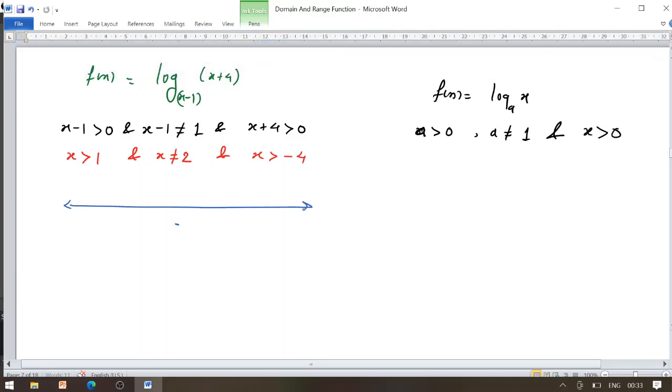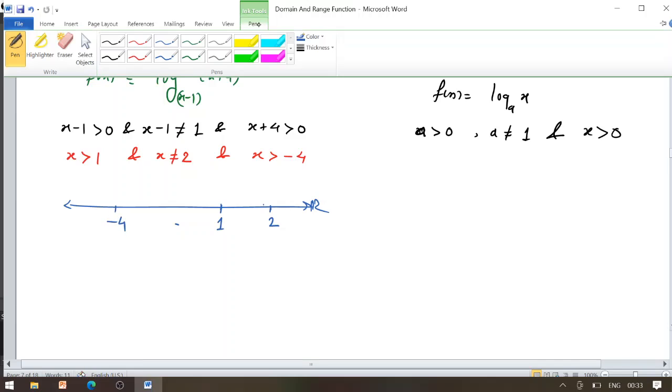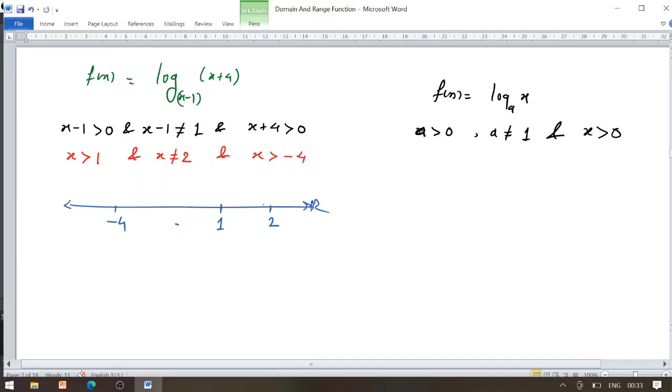Now for considering their intersection, due to the word 'and', consider a real number line R. Somewhere we have 1 on it, to the right of it we have 2, and to the left of it we have minus 4. As per the first inequality, x is strictly greater than 1, so 1 is not included, and whatever real number lies just right of 1 is greater than 1. In the second inequality, x is never equal to 2, so 2 is excluded and denoted by a hollow circular dot.